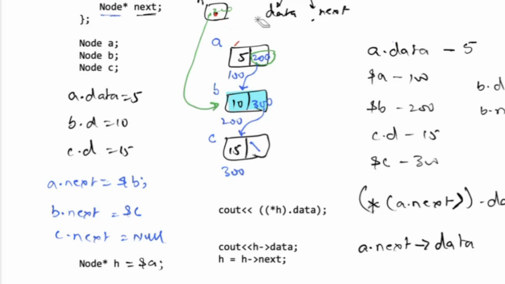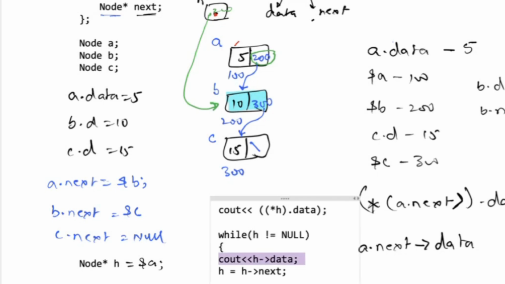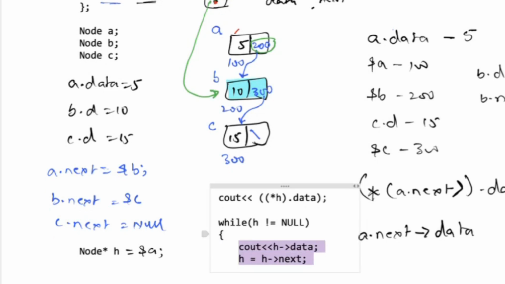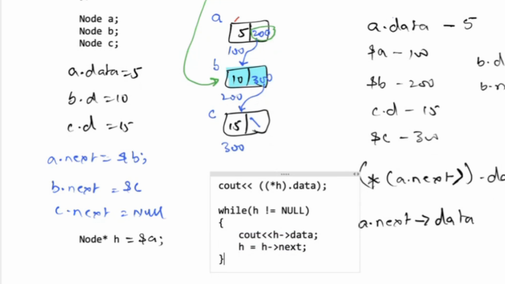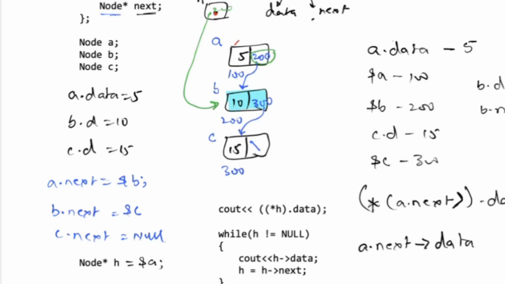If I again do the same thing, it goes to C and continues till the last value. So first it will print 5, then h will start pointing to B, then it will print 10, then h will start pointing to C, then it will print 15, and then h becomes equal to null.